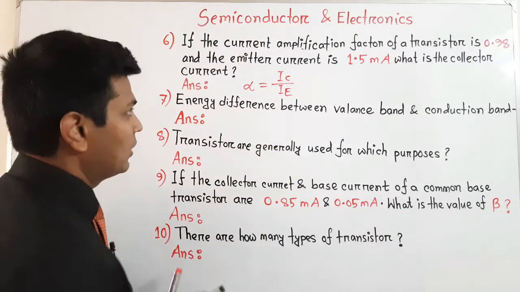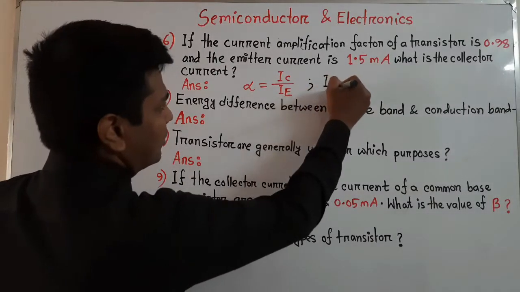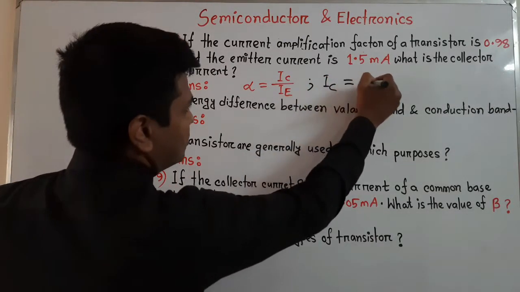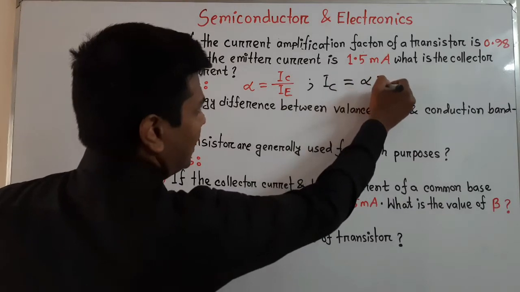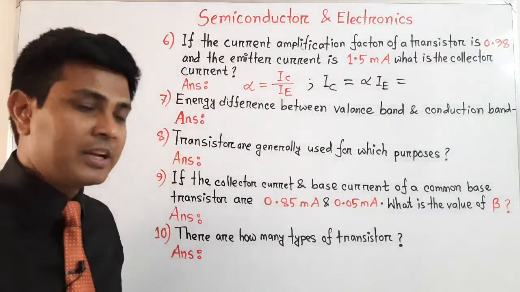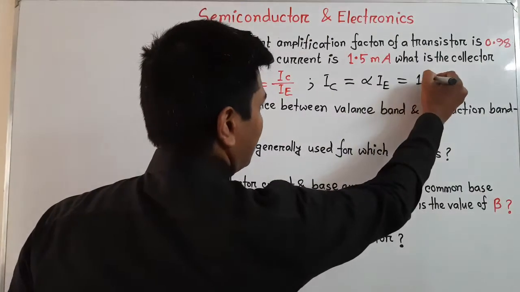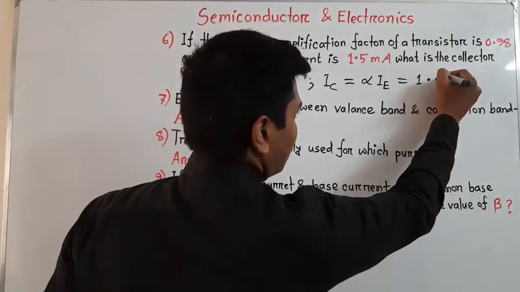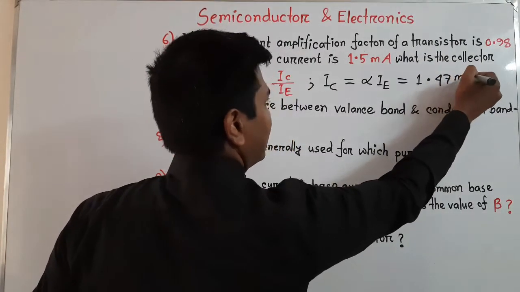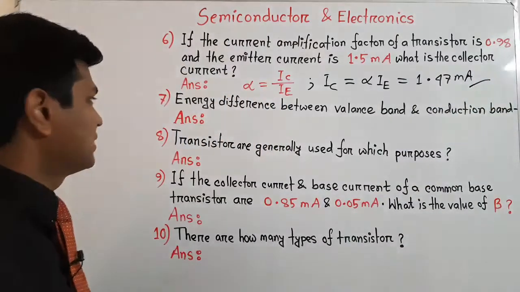So we can calculate IC, the collector current. You can write IC equals alpha into IE. If we put the value of alpha and IE, then after calculation we will get 1.47, and the unit will be milliampere. This is the answer of question number 6.